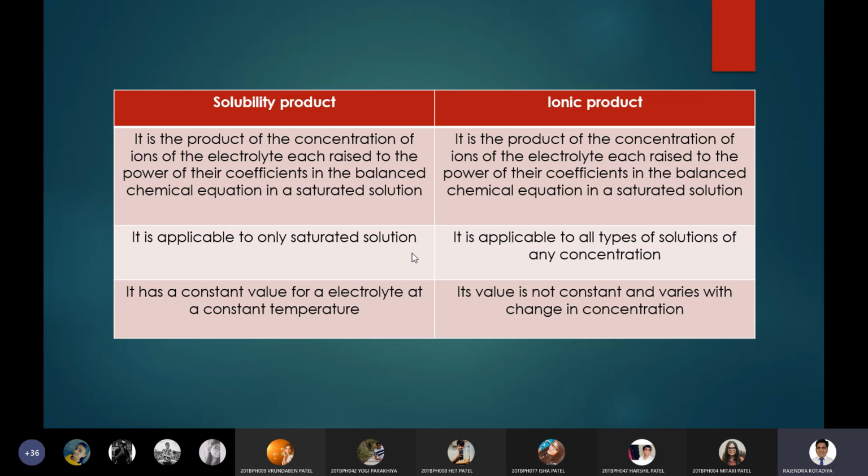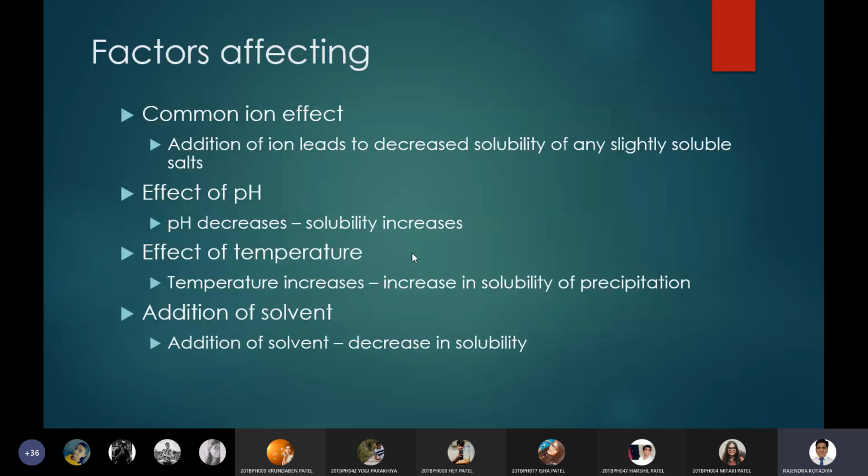This also we discussed earlier, the difference between solubility product and ionic product. Now we'll see some factors that affect the extent of precipitation. You might have heard about these factors. Can anyone explain what the common ion effect is?